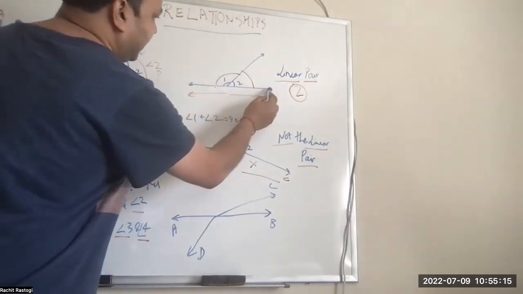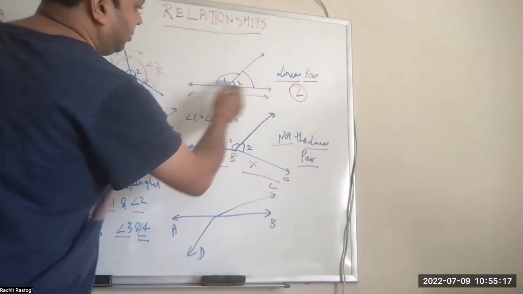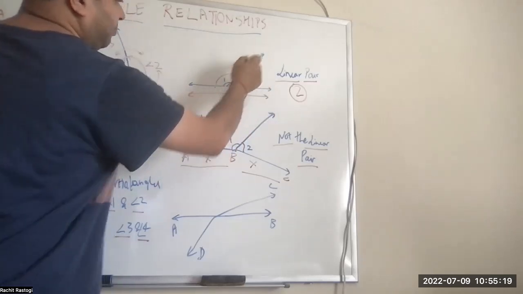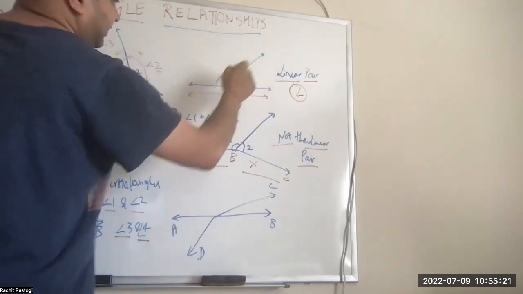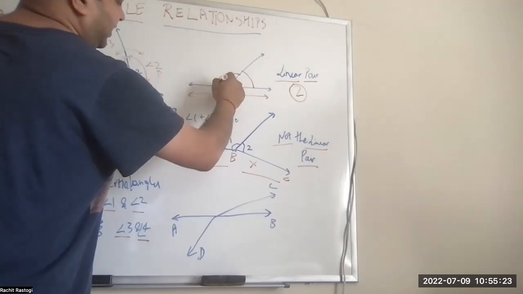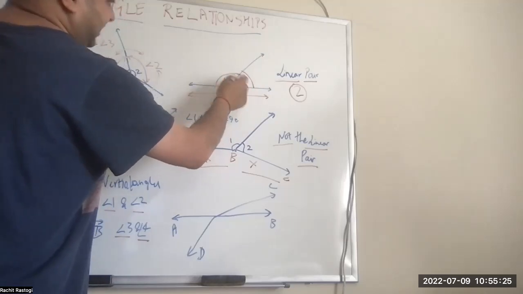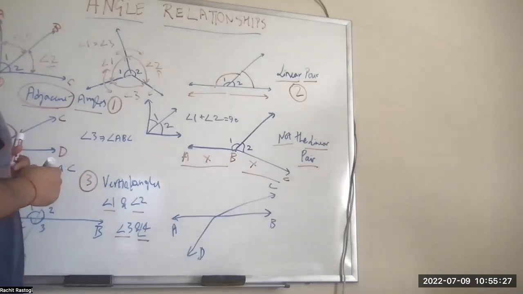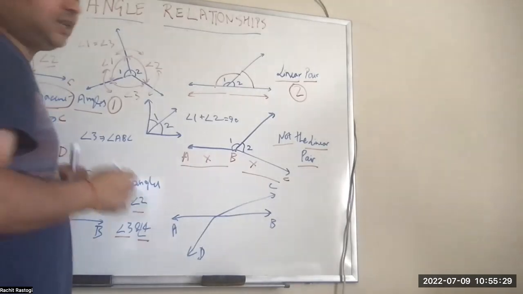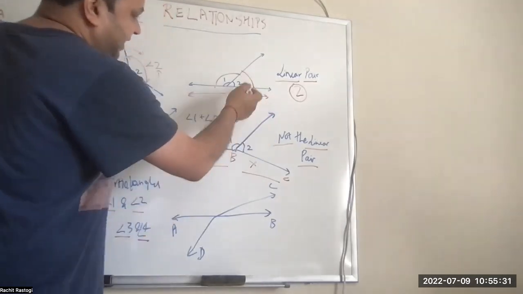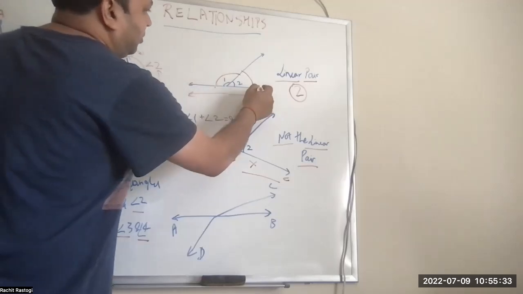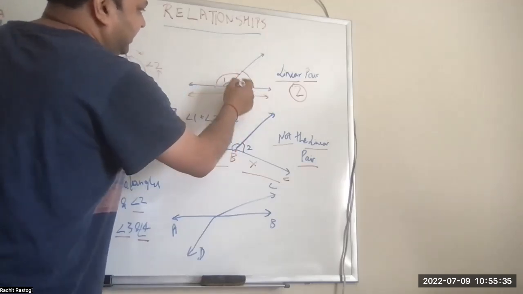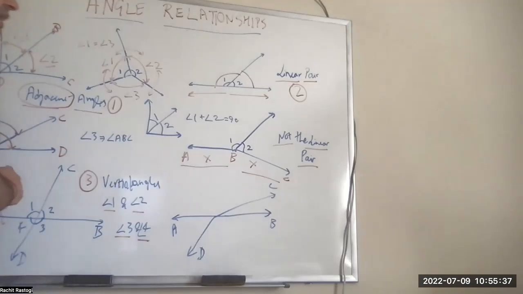If it goes exactly opposite, there has to be an opposite ray. When you make up a line here, the angles formed on this line are adjacent angles. In mathematical terms, we call it a linear pair. A linear pair is when you have opposite rays and adjacent angles, angle 1 and 2. This is called a linear pair.